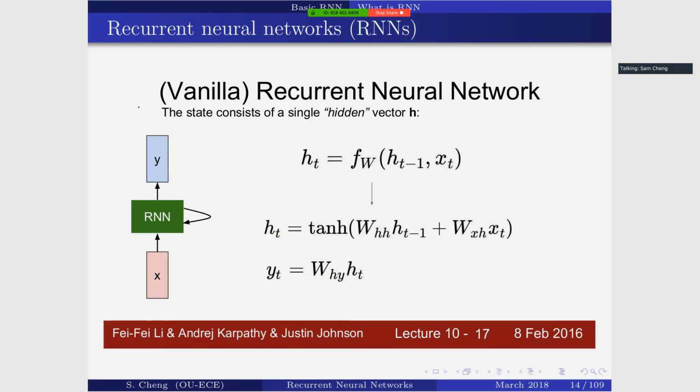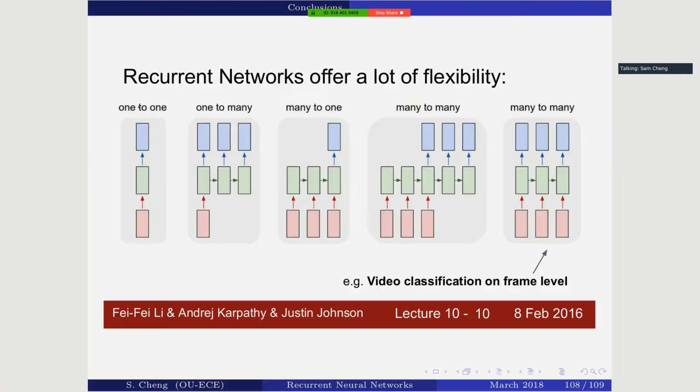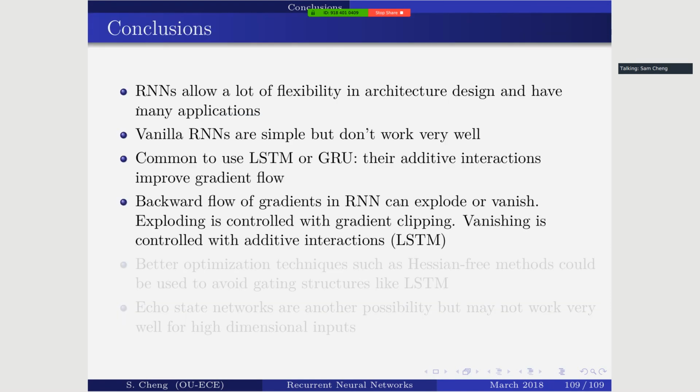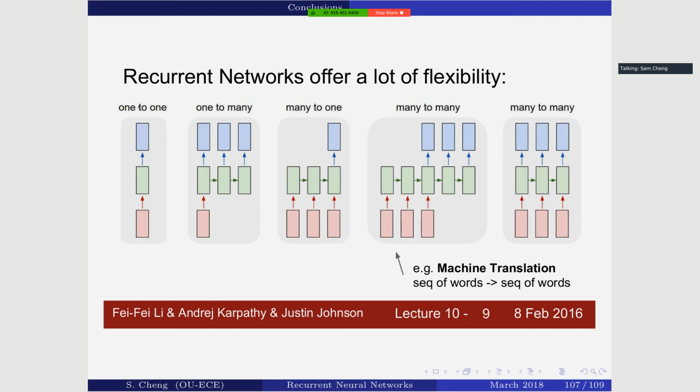If you remember some applications of RNN, like the figure we drew earlier on the whiteboard, machine translation is basically a sequence of words to a sequence of words. So people sometimes look at this sequence-to-sequence model.